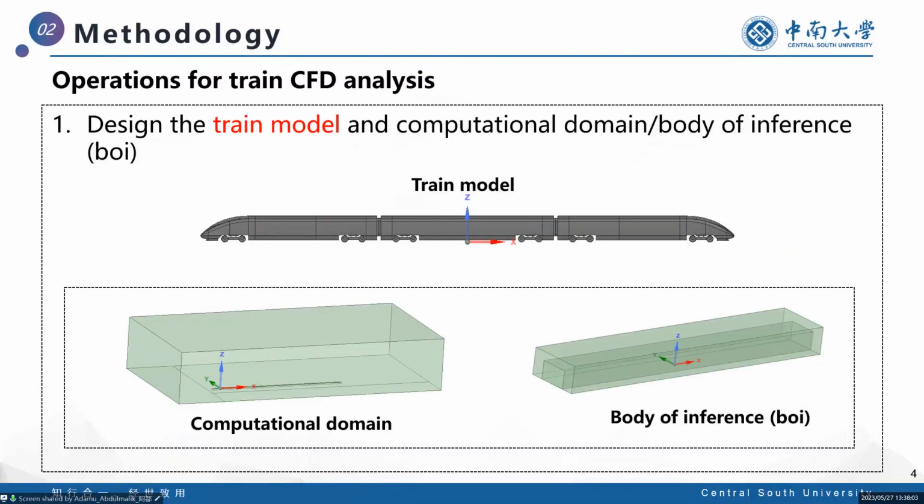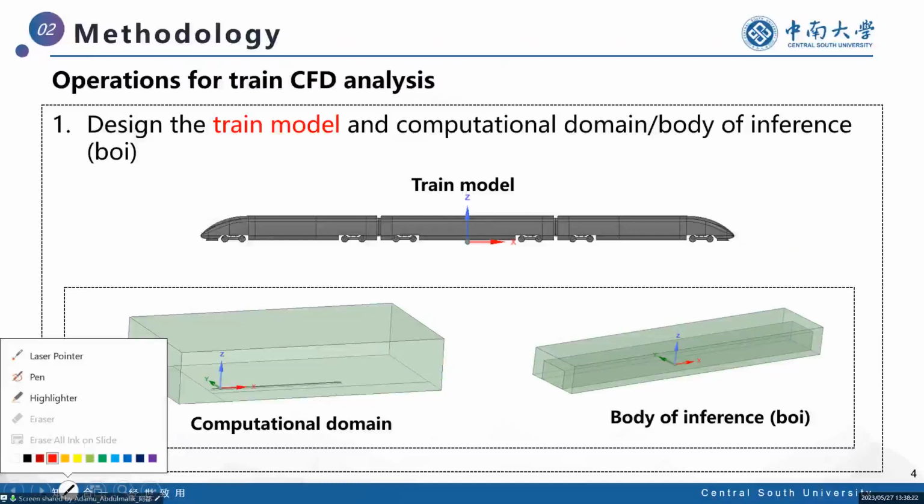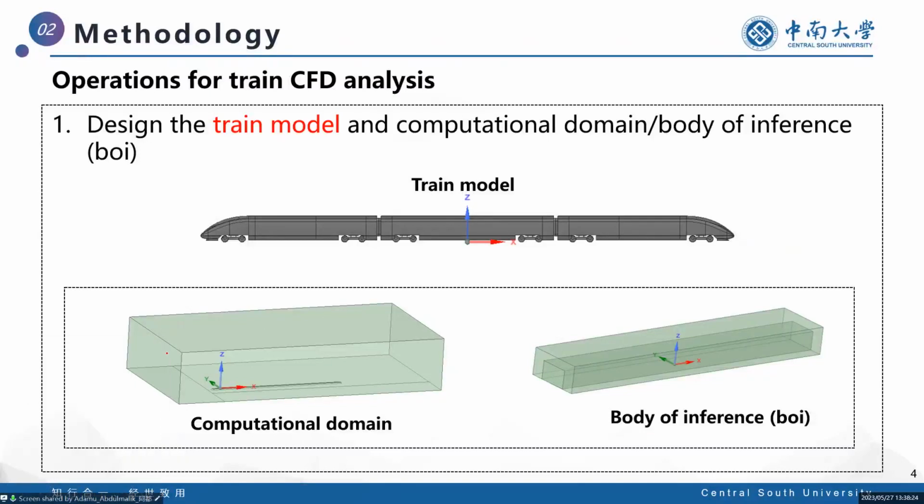So we try to replicate that with the computational domain. As you can see in this picture, this is the computational domain, and this is the train model. Apart from that, we are going to design a body of influence.